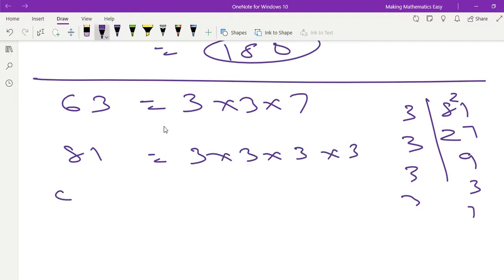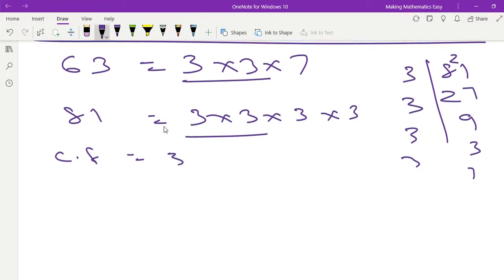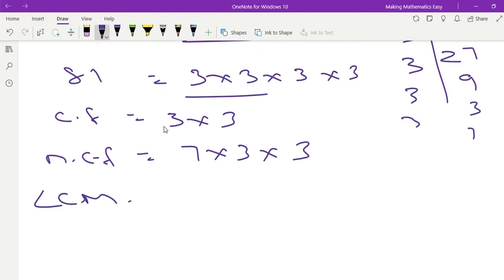Okay. Now in terms of common factor, 3 into 3 is my common factor, and my non-common factor would be 7 into 3 into 3. So my LCM would be 3 into 3 into 7 into 3 into 3, correct?